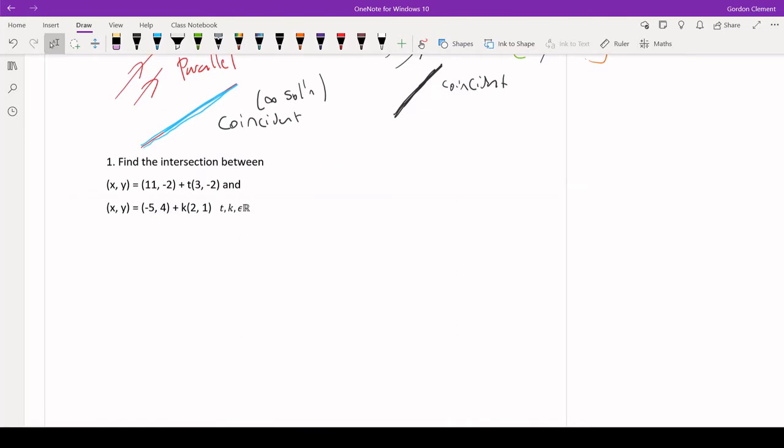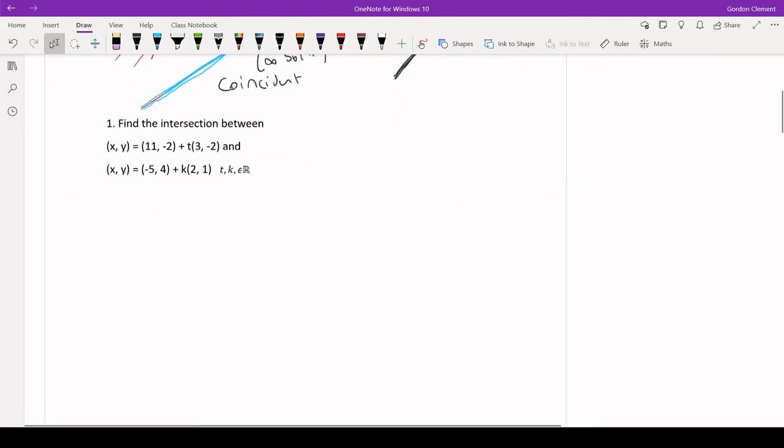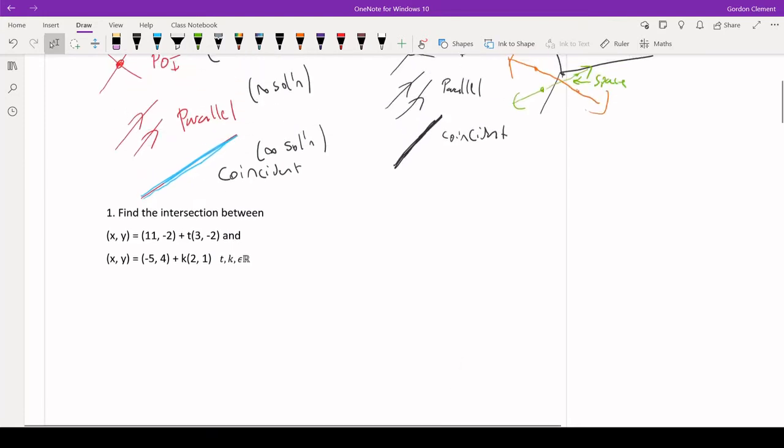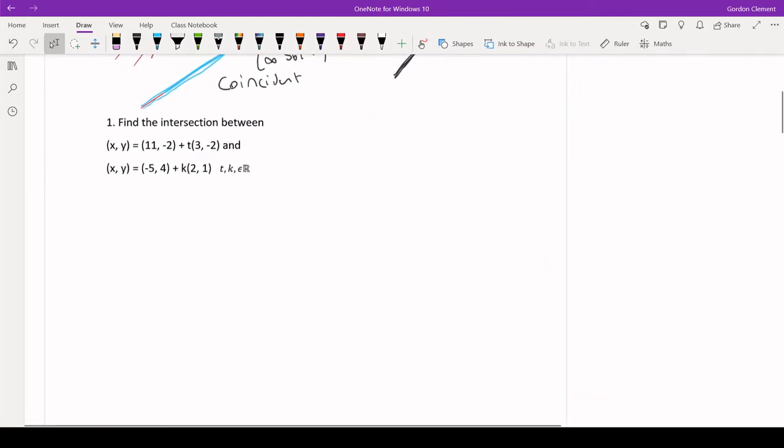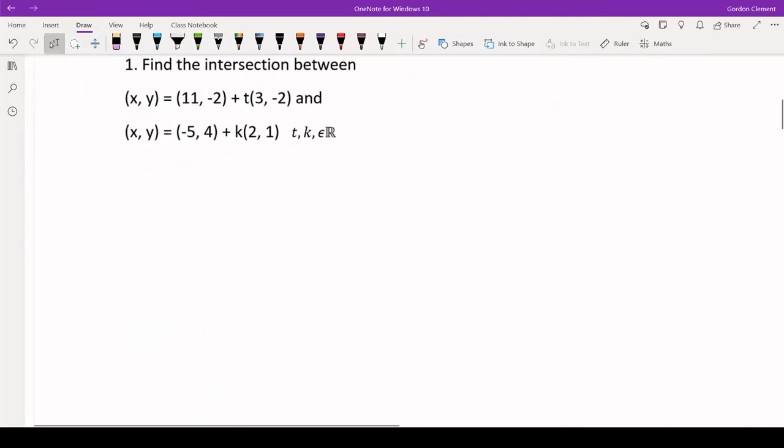So we're going to see what it looks like in 2D first. I like to first look at the equations I'm dealing with, so I can see that these are lines. I can see that it's 2 dimensions just by the style of equations. The first line has a direction vector of 3, -2. The next one has a direction vector of 2, -1.